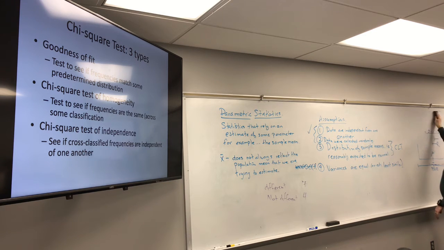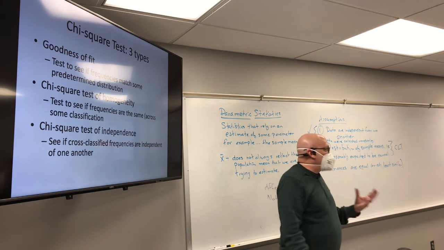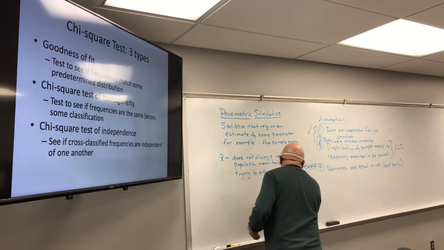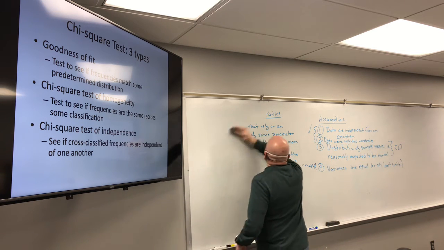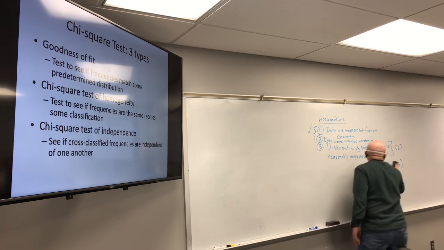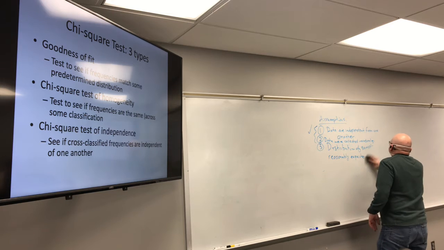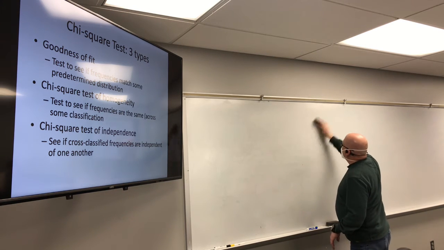But they differ depending on what type of question you're asking, and the kind of question that you're asking determines how you calculate the expected values. So that's where the tricky part comes in, and that's where people usually mess up chi-square tests. So I'm going to explain this to you by doing some examples.